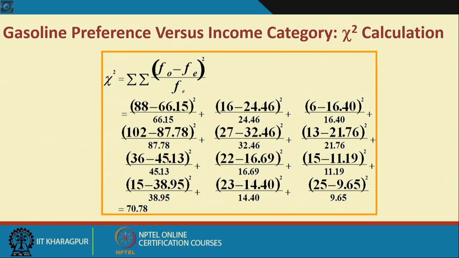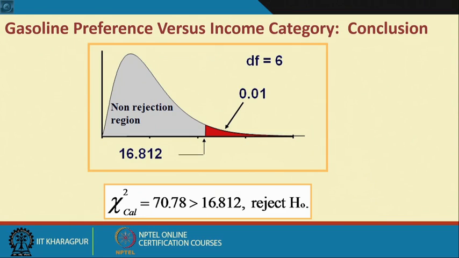And since it is a variance statistic, we follow the same procedure in this case. After simplification you get the total chi-square equal to 70.78, and the critical value is 16.812, for degrees of freedom 6, that is r minus 1 into c minus 1, which is 4 minus 1 into 3 minus 1, coming to 6, at the 1% alpha level.